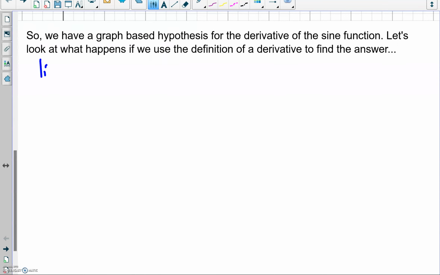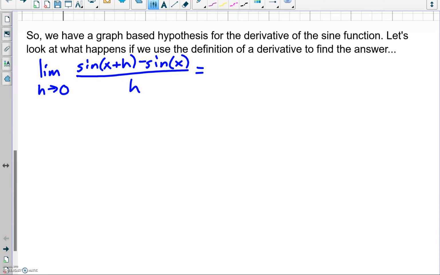If we set this up, we'll have the limit as h goes to 0 of the sine of x plus h minus the sine of x, all over h. Right here we have to split up that sine of x plus h. This is a sum of two angles in the sine, and there's a sum formula, an identity for the sine of a sum.